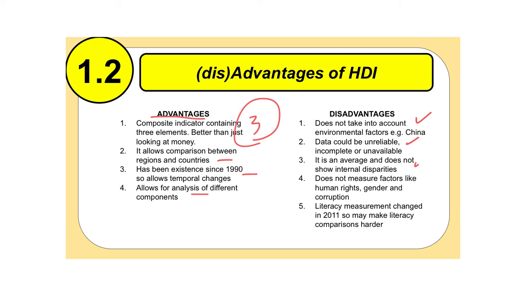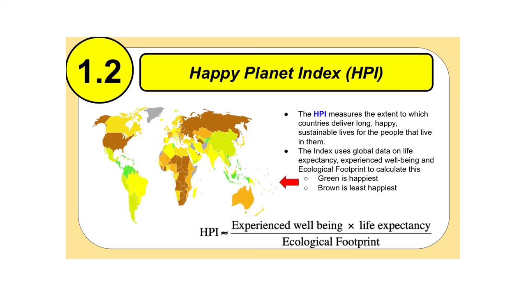And it's an average and does not show internal disparities. So again, it doesn't go deeper into the country. It does not measure factors like human rights and those kind of things. Literacy measurements changed actually in 2011, so if you're trying to do comparisons in literacy rates, it's now much harder to do that if you use the HDI.